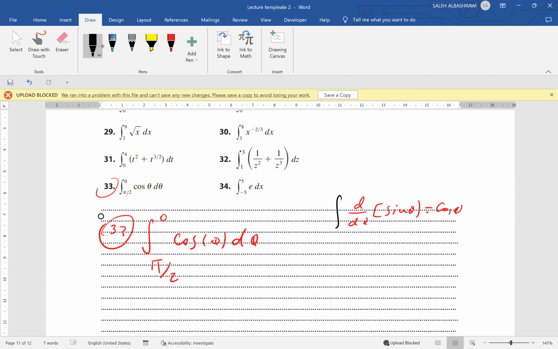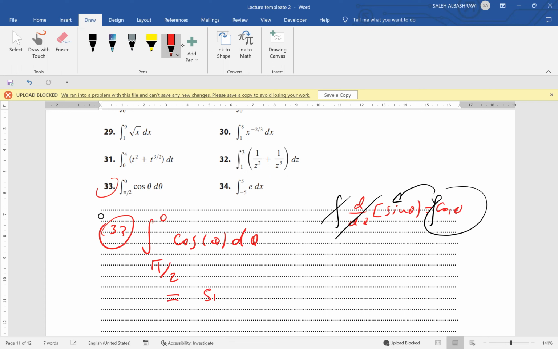So if we integrate both sides, we know that the integration is cancelling the derivative. So integration of cosine is equal to sine theta. So the antiderivative for cosine will be sine theta.